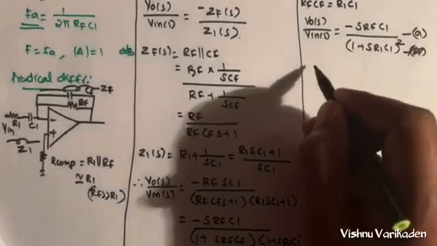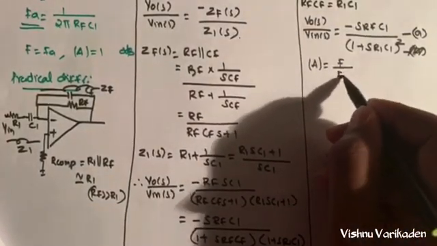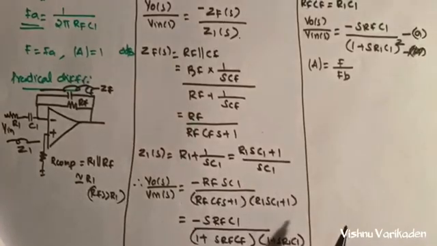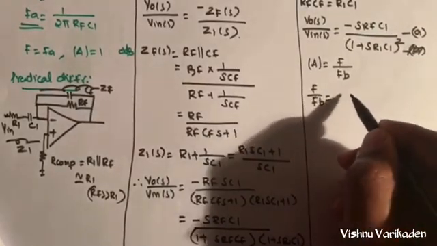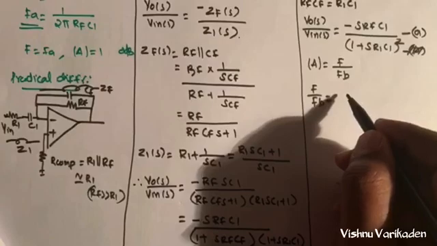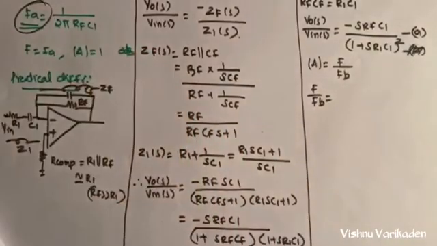We can also make the gain in terms of the input frequency divided by FB, which is another limiting frequency. We can make F by FB in the same step as finding FA in the ideal differentiator.